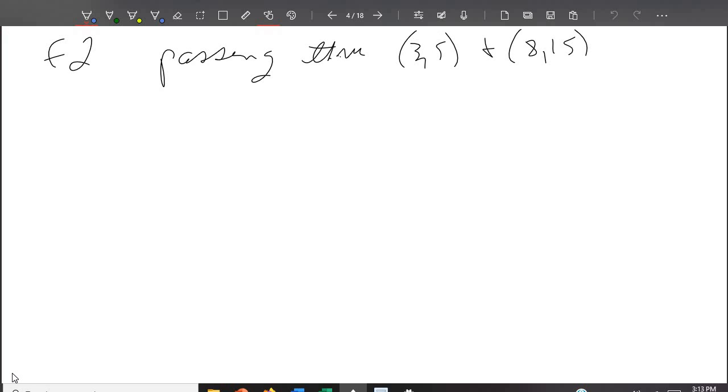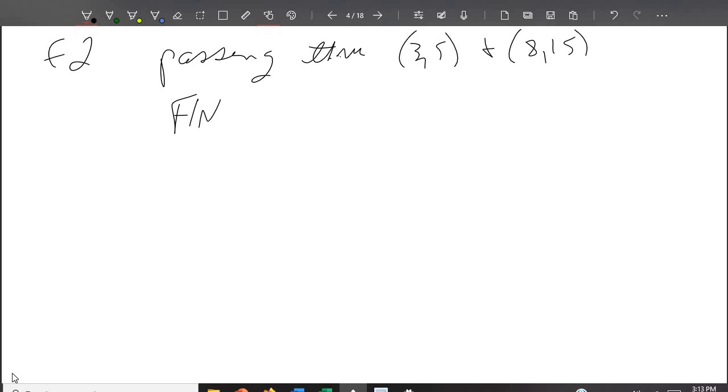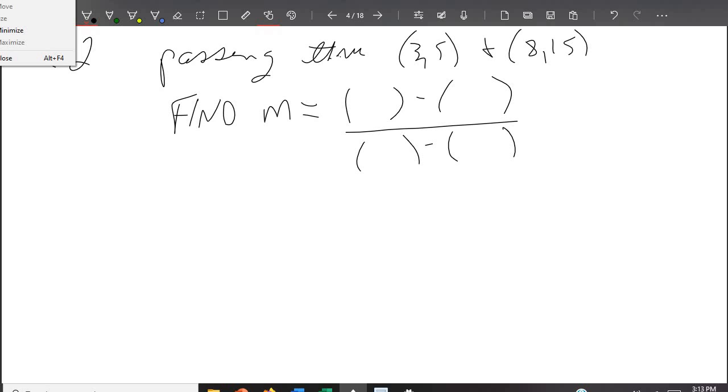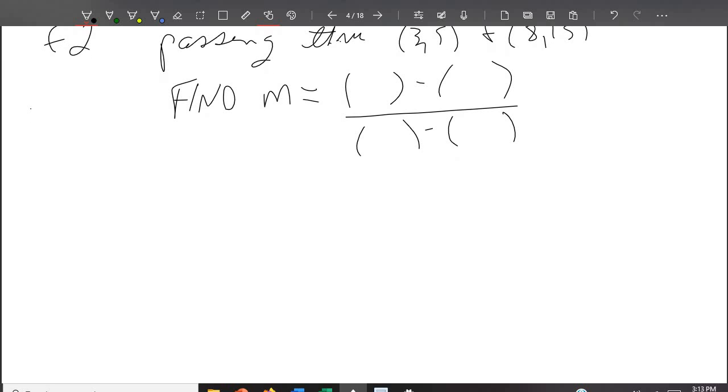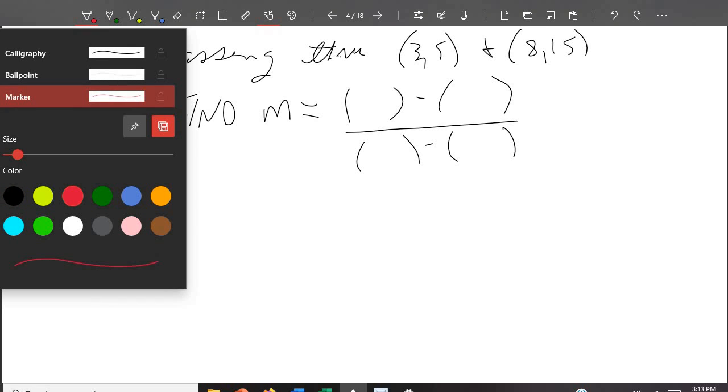Most of our problems are going to have 2 points. So the first thing you've got to do is find the slope. If you can't remember the slope formula, just go back and look at your notes. But it's always the y is up top and the x is on the bottom. Alright, so the second y, let me make sure we got it.